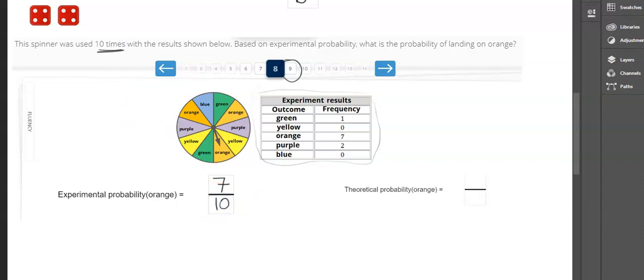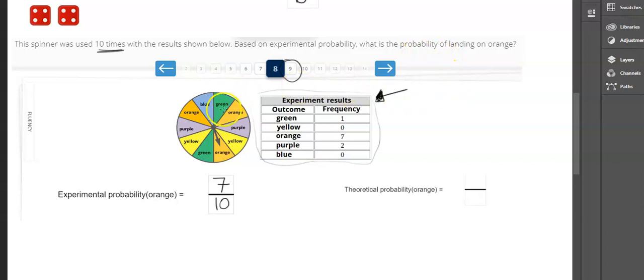Right here. So experimental probability is really simple because you're just obtaining information from a results table which is readily given to you. But theoretical probability is a little bit different. Let's say we change this and it said, based on theoretical probability, what is the probability of landing on orange if it was spun 10 times?